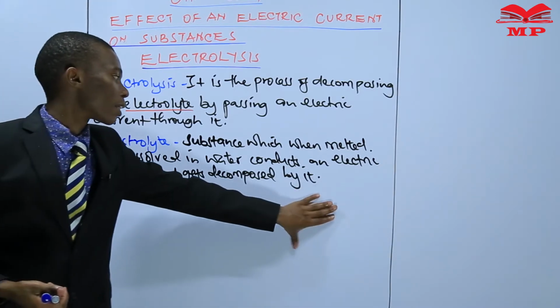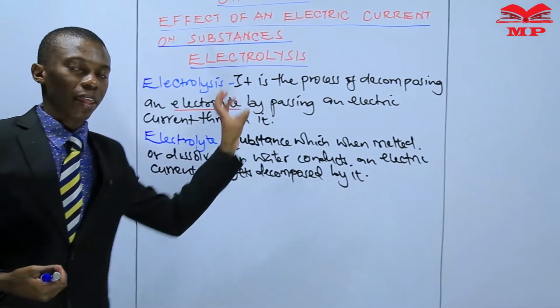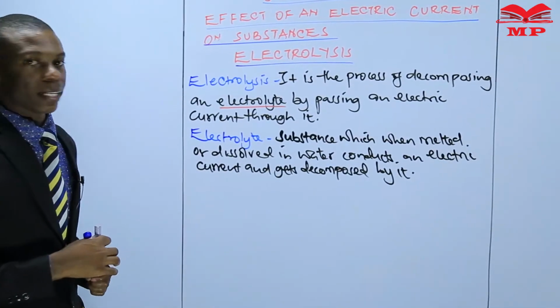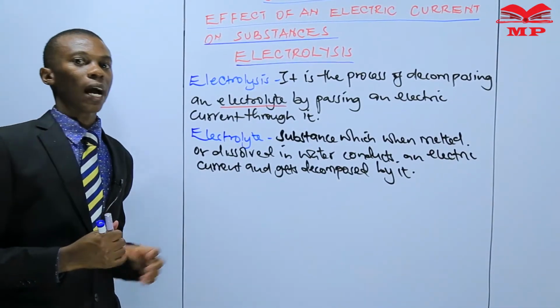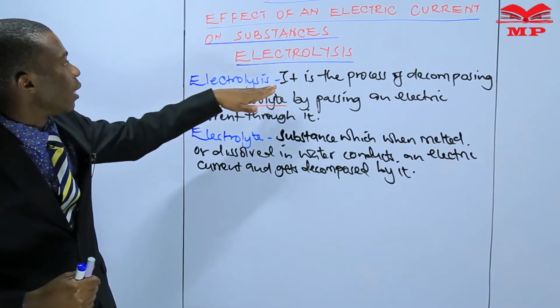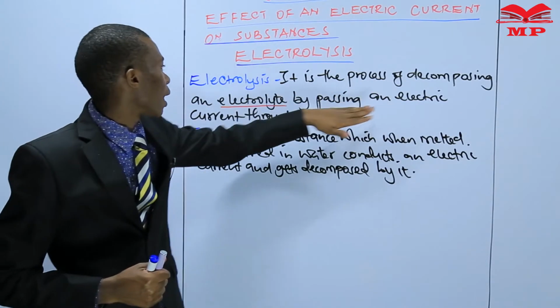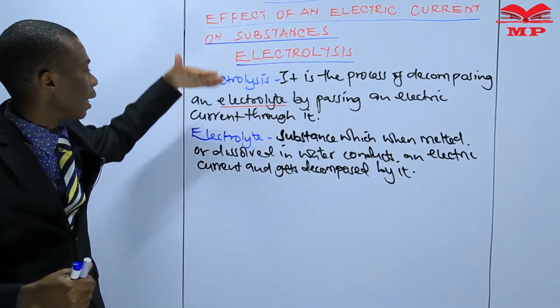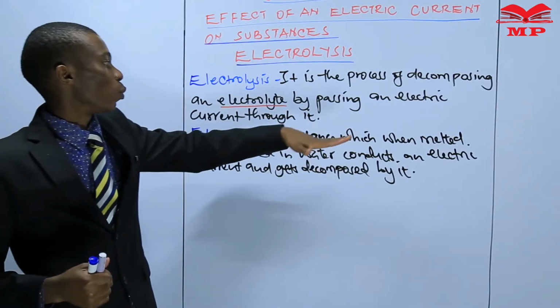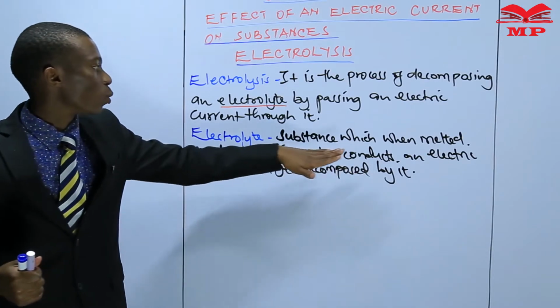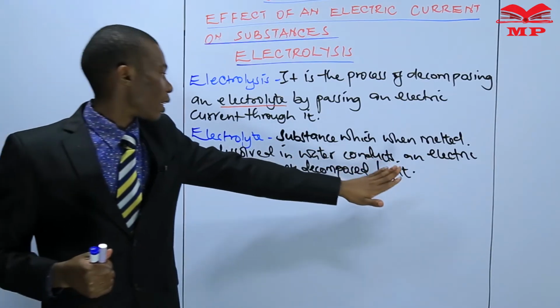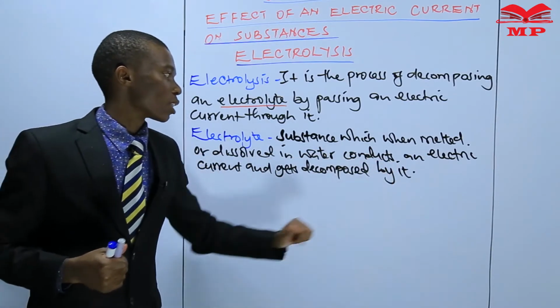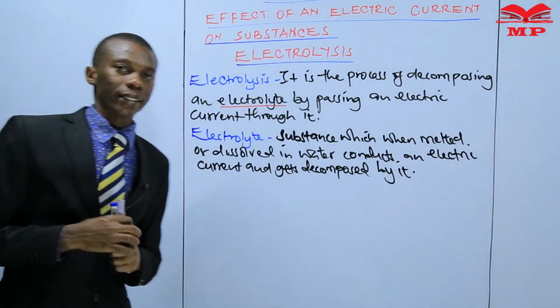By it means it gets decomposed by that electric current. That's what we call an electrolyte. Therefore, electrolysis is the process of decomposing an electrolyte by passing an electric current through it.